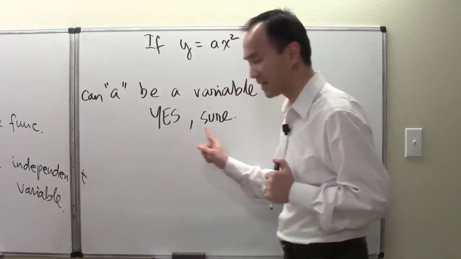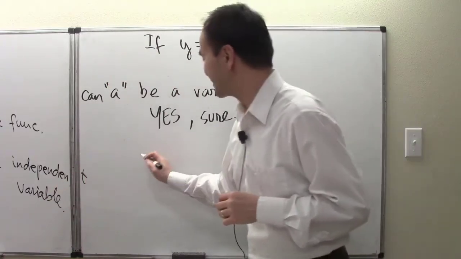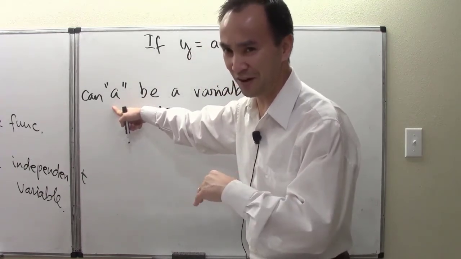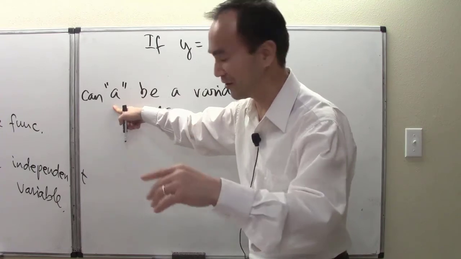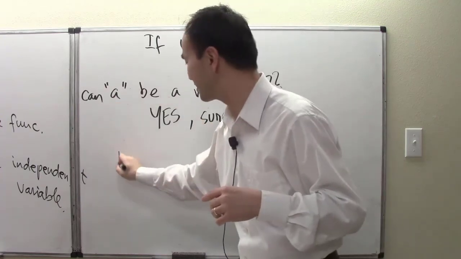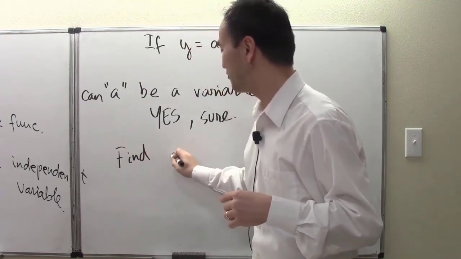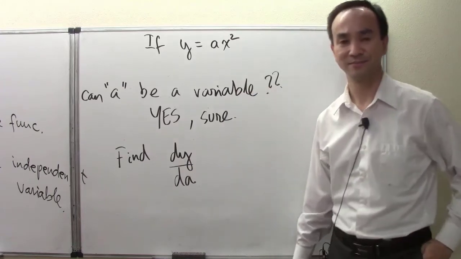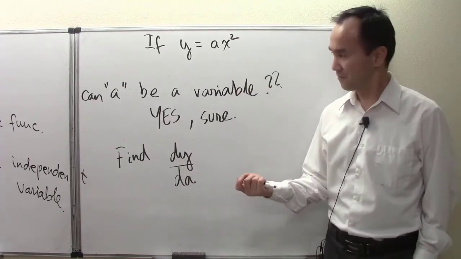Okay, so now back on this side of my board right here. Since we all agree, between me teaching in front of the camera here and anyone viewing the lesson, that a can surely be a variable, then can we find dy/da? It's a variable.